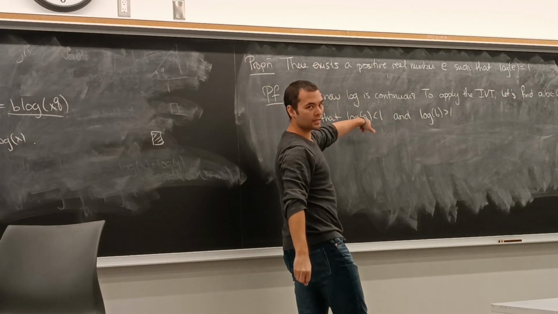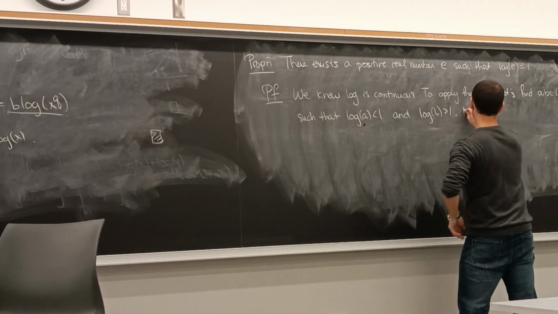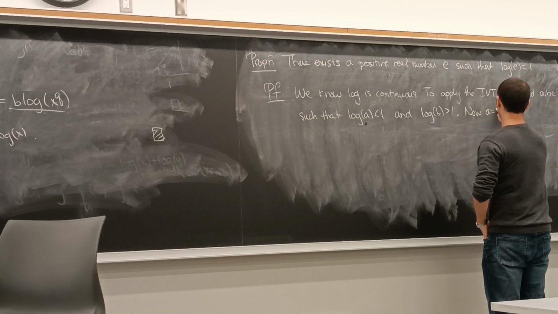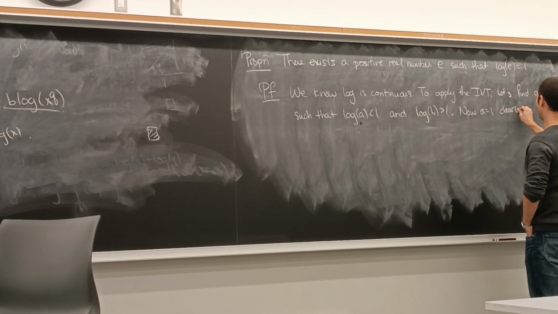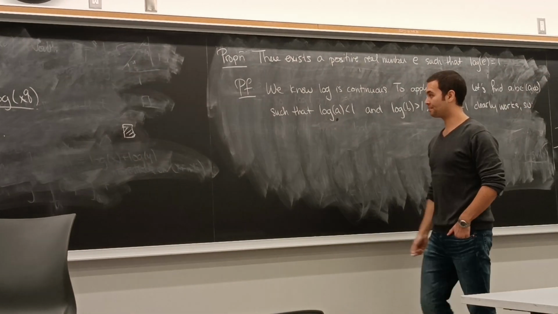Okay? But set A equal to 1, right? Because 0 is less than 1. Now, A equals 1 clearly works. So we need B.